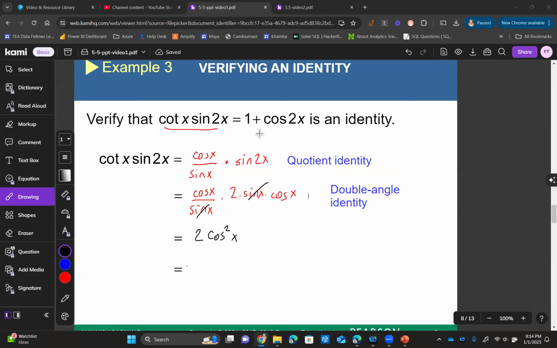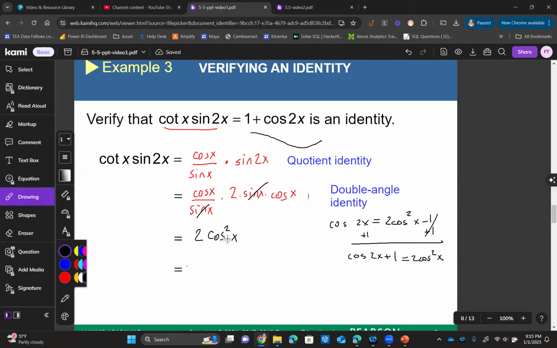But now when I look at the right side, somehow I have to change it a little bit more, so it looks like 1 plus cosine of 2x. For this, if you remember that cosine of 2x is equal to 2 times cosine squared x minus 1, and I want to leave the 2 cosine squared x alone, by adding 1 to both sides I get cosine of 2x plus 1 is the exact same thing as 2 cosine squared x.